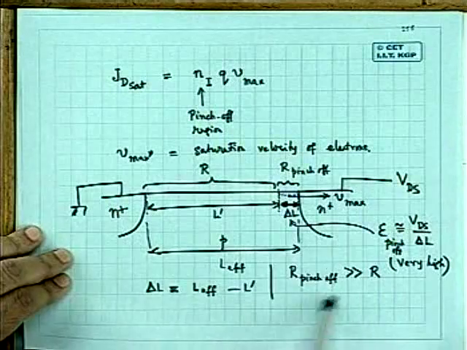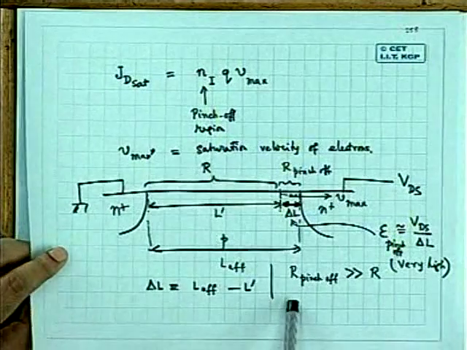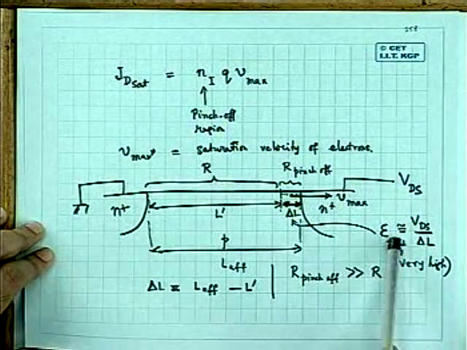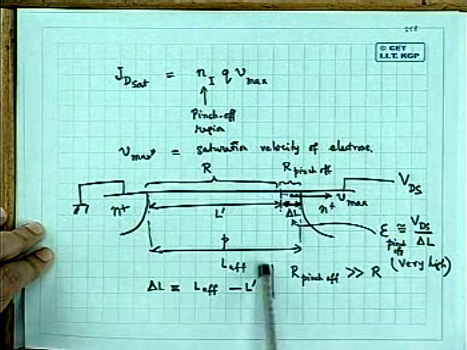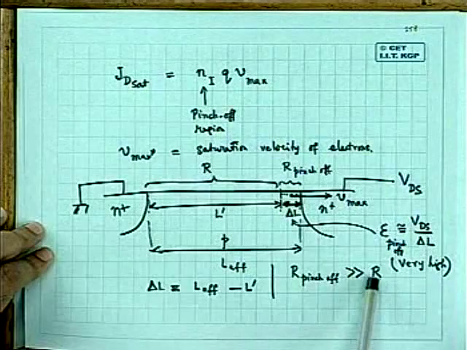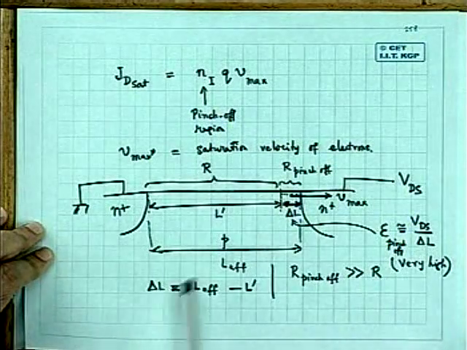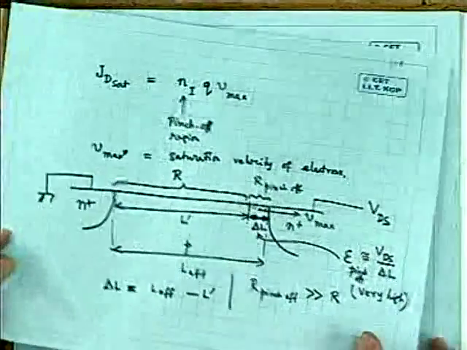This approximation is based on the assumption that R pinch off is very large compared to R, and delta L is equal to L effective minus L dash.